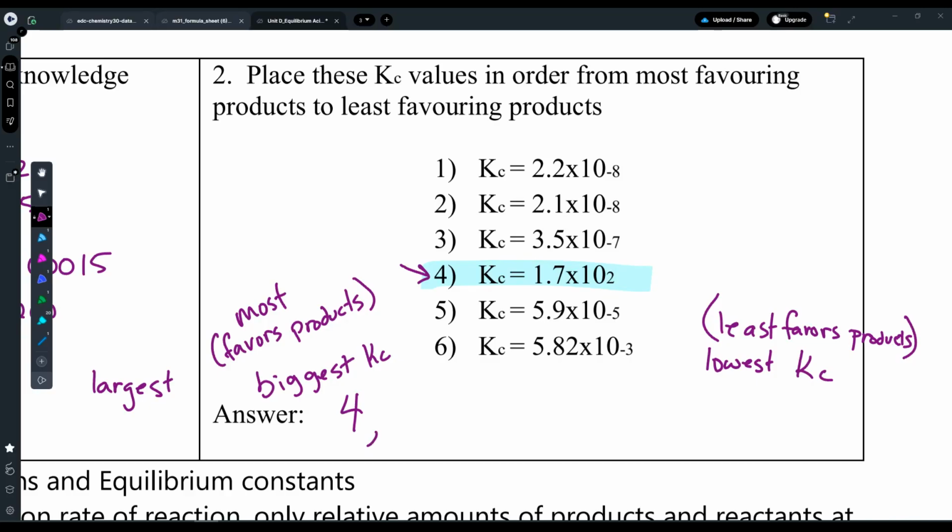That's our biggest equilibrium constant. Now we're looking for our next smaller one. That looks to be this one here. The reason I'm choosing this is because negative 3 is still bigger than either negative 5, negative 7, or negative 8.